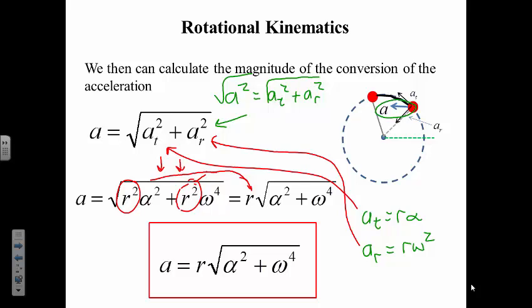As it's increasing speed, it's going to affect both the tangent and the radial piece. The total acceleration on the particle is r times the square root of alpha squared plus omega to the fourth. So this is the total acceleration on the particle as it's going around the system.